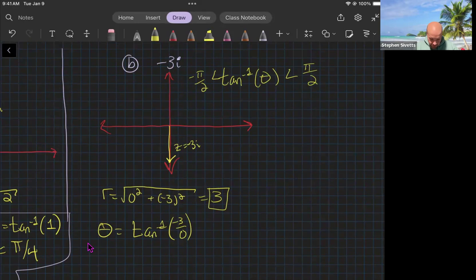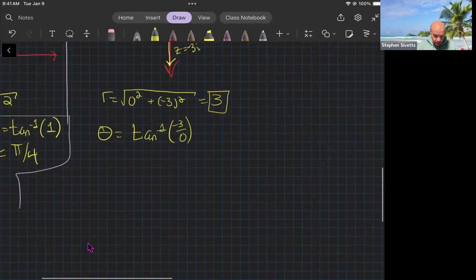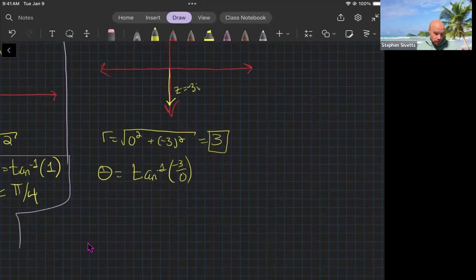Okay, so clearly this is minus pi over 2, but we want the angle that fits this quadrantal angle. That's what it's called, right? The quadrantal angle of minus 3i. So in this case, theta is 3 pi over 2.